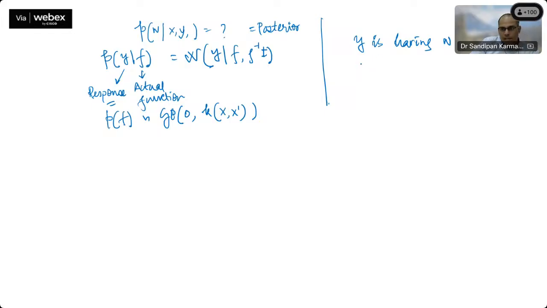Here y is having n observations, so we only consider n unobserved values of f.